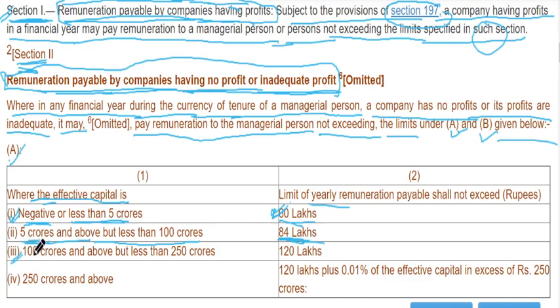Where effective capital is 100 crores or above but less than 250 crores, the limit of yearly remuneration shall not exceed 120 lakhs.